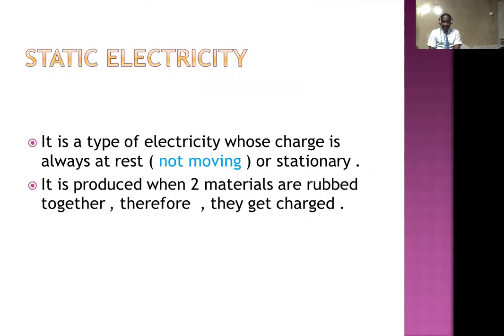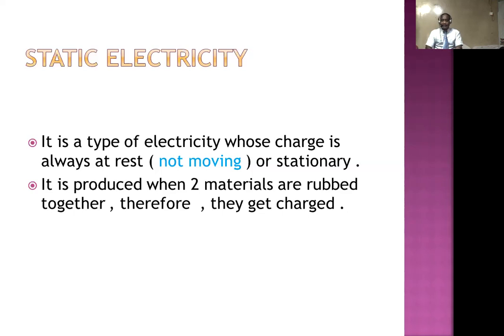Static electricity can be witnessed when one, a comb picks up small papers after rubbing it on hair. Two, an inflated balloon rubbed on a sweater sticks on a wall. Three, nylon clothes produce a crackling sound when removed from the body.